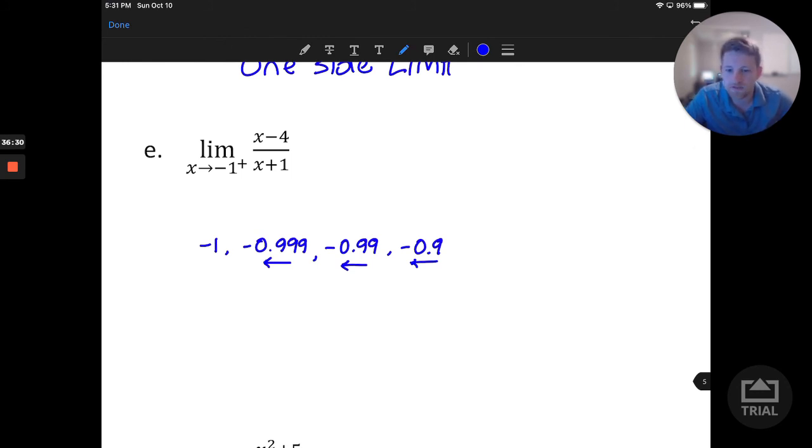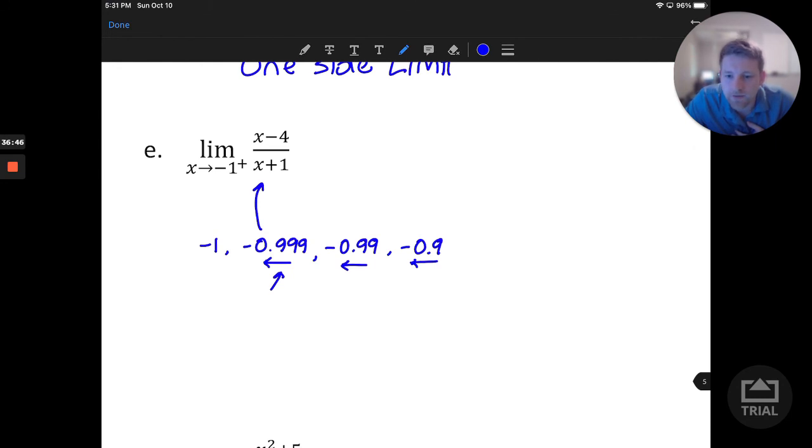So if I evaluate something very, very close to -1 but a little bit larger, let's start with that denominator.